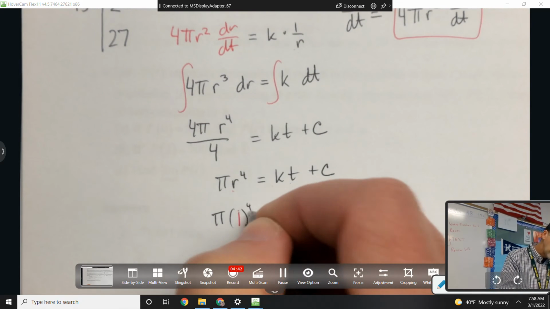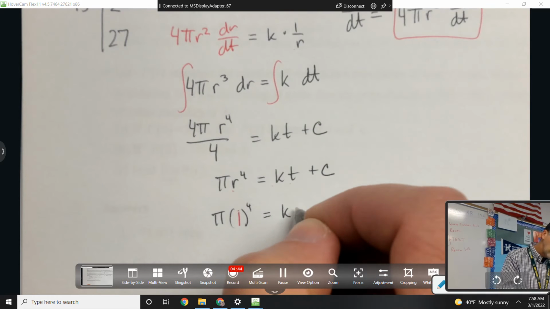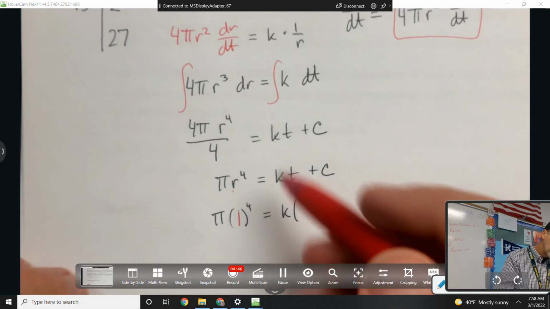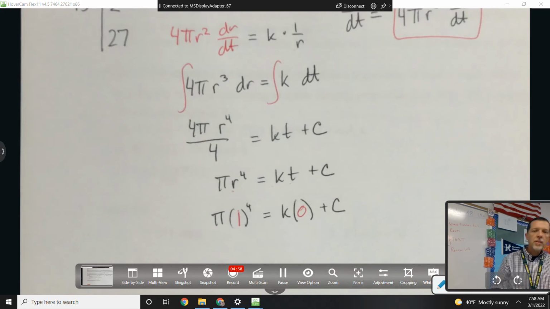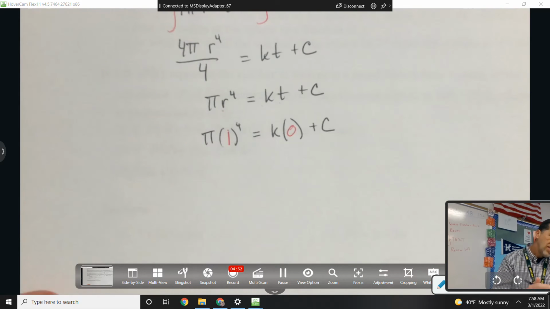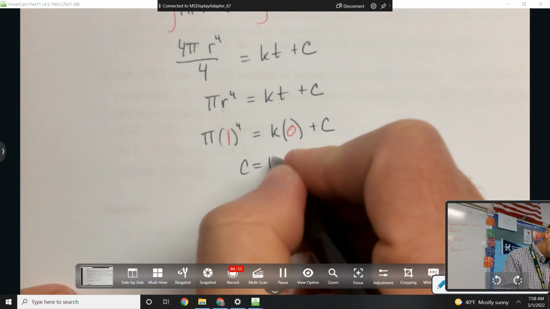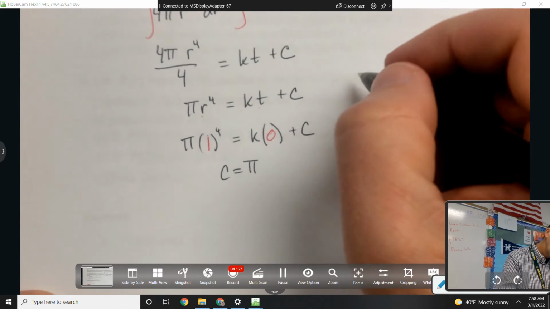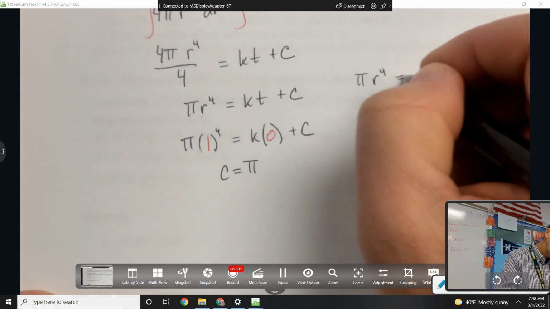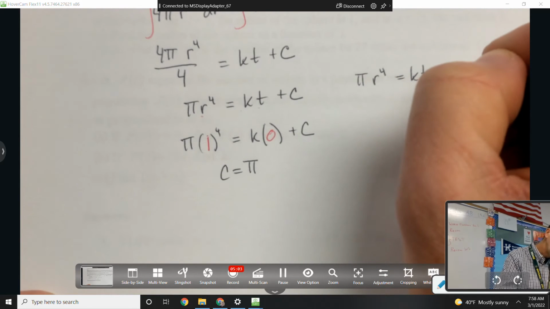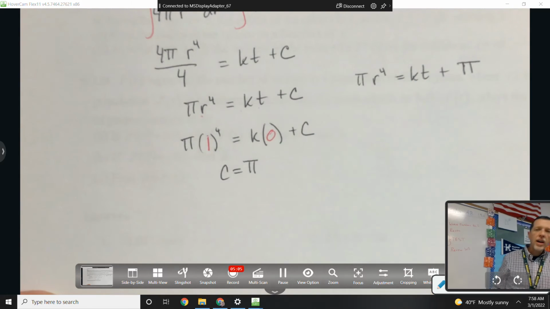So pi times 1 to the 4th equals k times 0 plus c. So c equals pi. Pi r to the fourth equals kt plus pi.